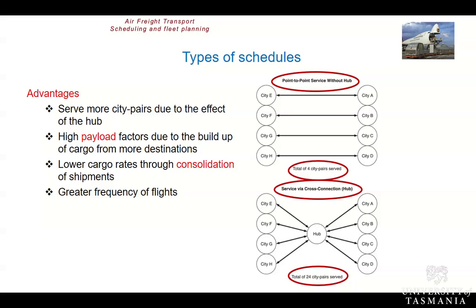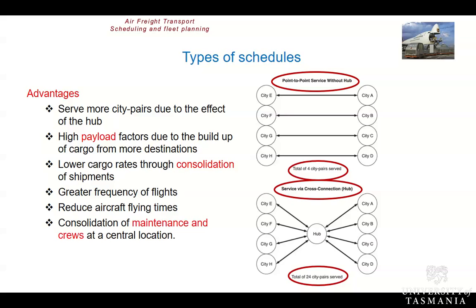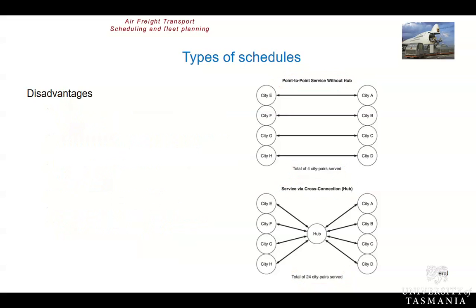Greater frequency of flights, as we can see there. It's also going to reduce aircraft flight times in most cases. And it presents an opportunity for greater consolidation of your maintenance and other crews at a central location. So if that's going to be your central point, there's every chance that you'll be able to centralise a lot of those crews and maintenance.